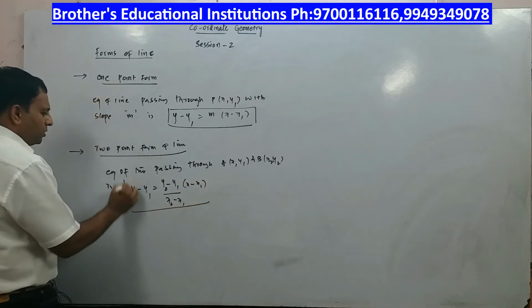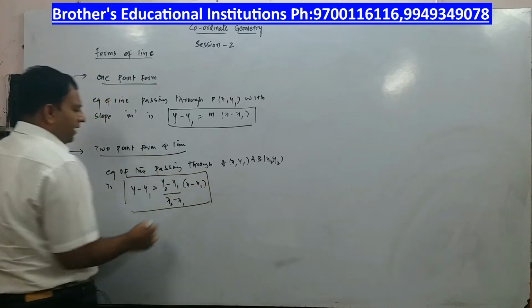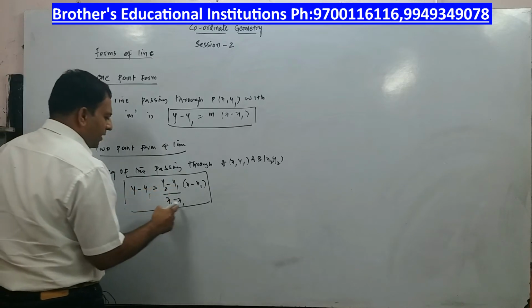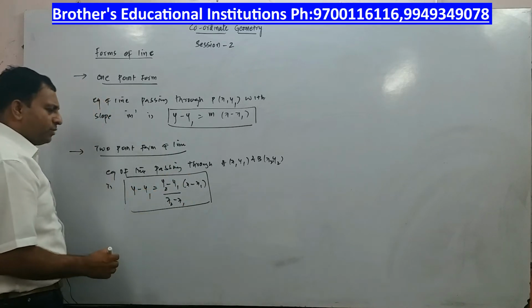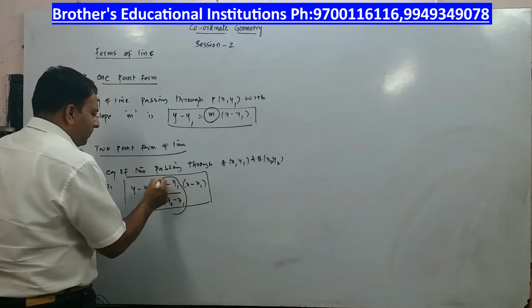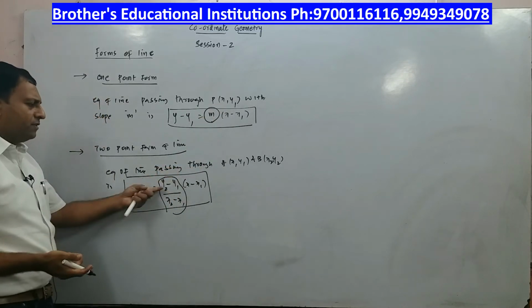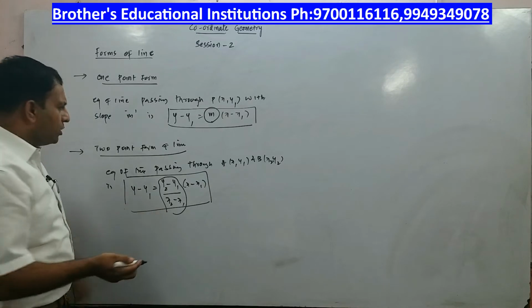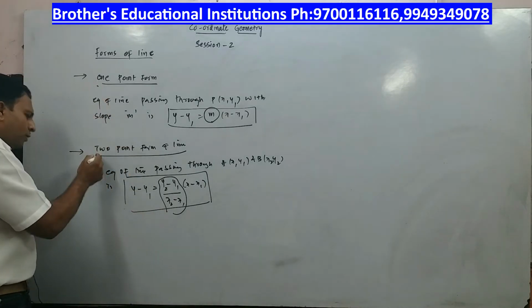This is called 2-point form of line. All right. So it is just more or less same, but here instead of m, you are writing the slope. We all know difference of y coordinates by difference of x coordinate is called slope. So this is 1-point form, 2-point form.